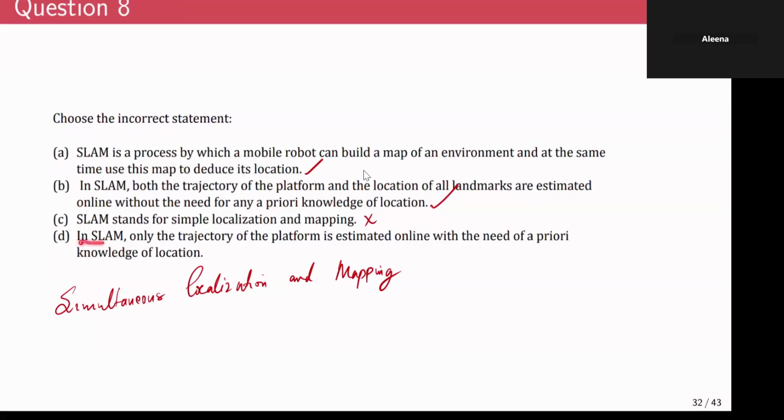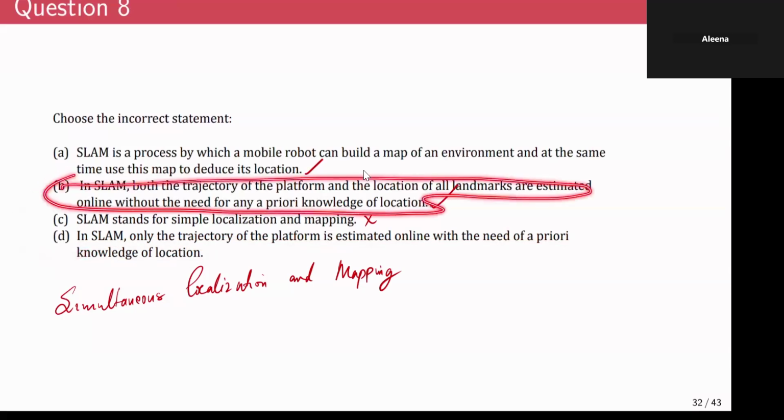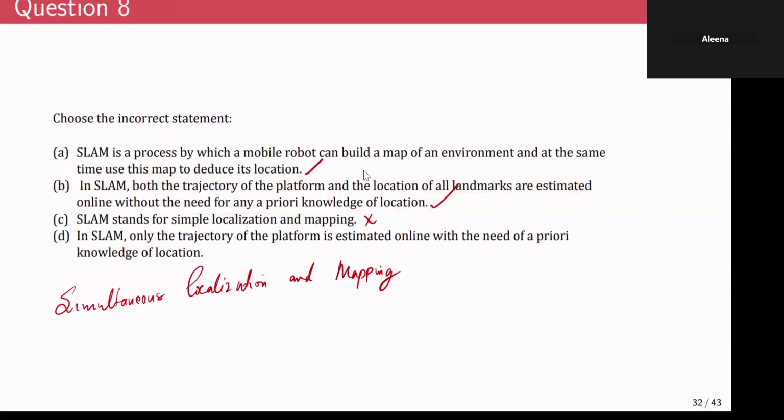Option D states in SLAM, only the trajectory of the platform is estimated online with the need of a priori knowledge of the location. So B and D are basically contradicting. We know by definition that B is a true statement. For SLAM, we don't have to provide any prior information about the location. It estimates on its own. So D is also indeed false. So the incorrect statements are options C and D for this question, because the question asks you to find the incorrect statements.